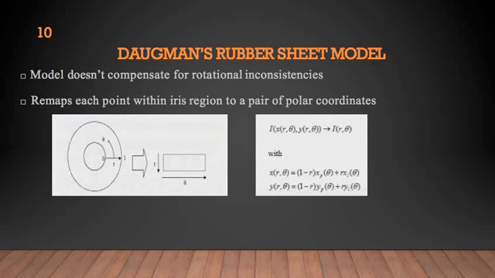The points we have after the Hough transform are in the Cartesian format, but Daugman's rubber sheet model transforms them into pairs of polar coordinates (r, theta), as can be seen in this image.